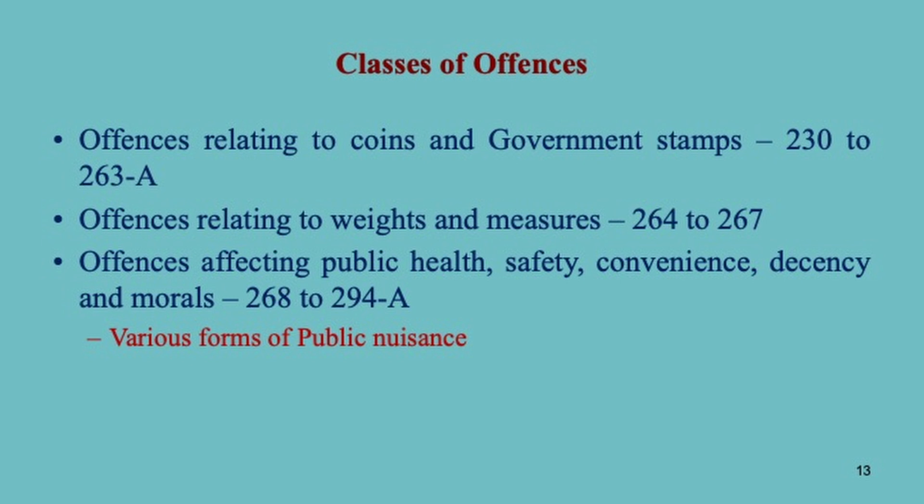Chapter 14 deals with offences relating to public health, safety, convenience, decency, and morals. This chapter includes various forms of public nuisance, adulteration of food and drugs, fouling water of public reservoir, rash and negligent driving and navigation, and other related offences.